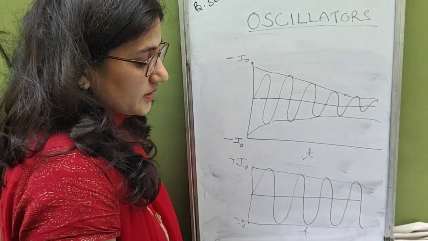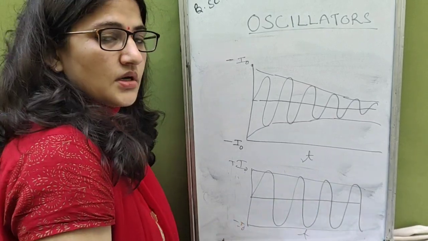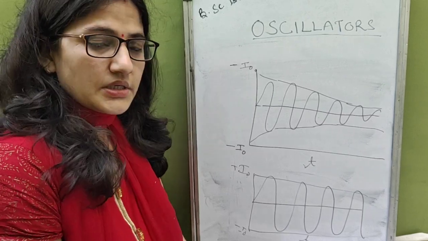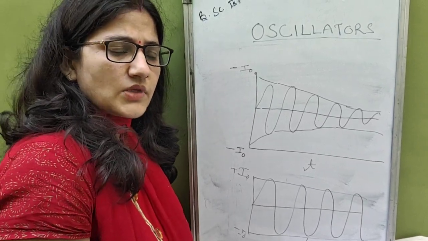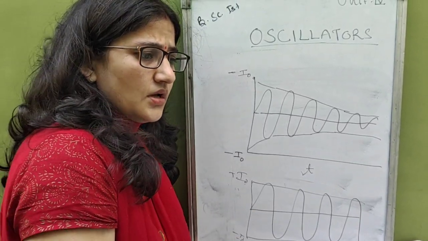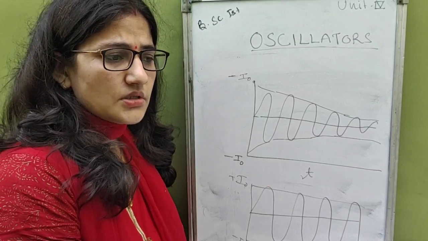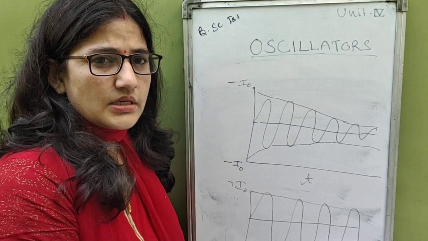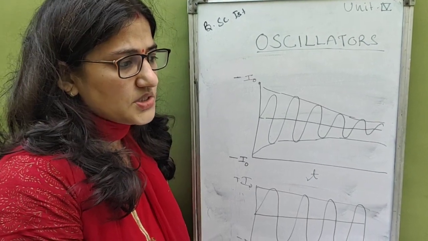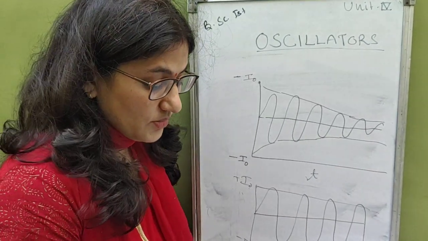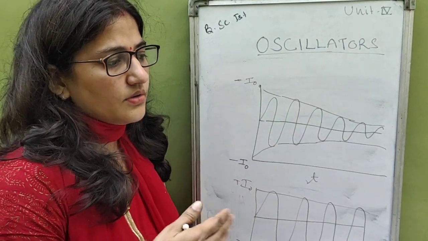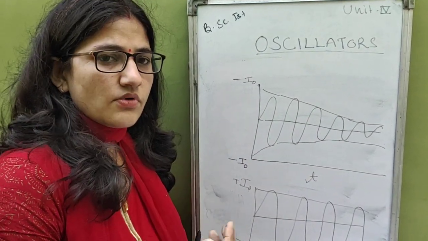For obtaining the undamped oscillations, we have to put some conditions on the oscillators, and these conditions are: first, we have to apply some energy to the oscillators, in the form that can compensate the radiative losses.